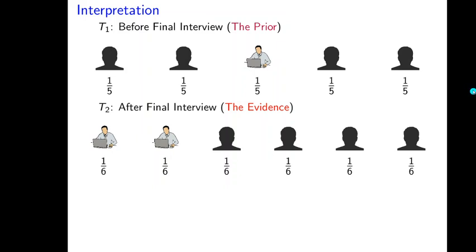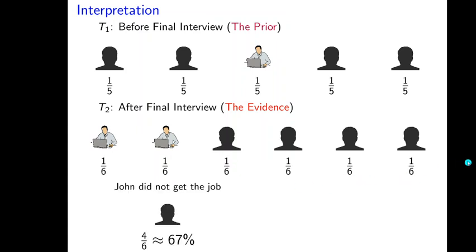At the second timestamp, T2, which is after the final interview, comes the evidence that John was twice as qualified as any other candidate in the final interview, which gives John 2 parts to each other candidate's 1 part.